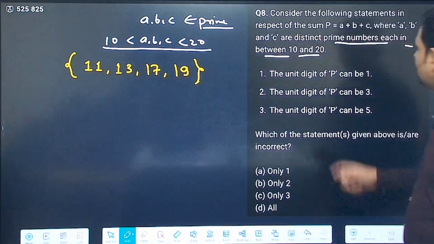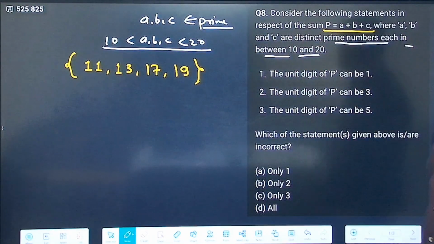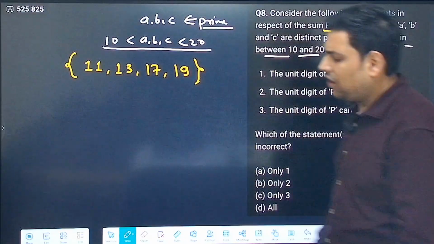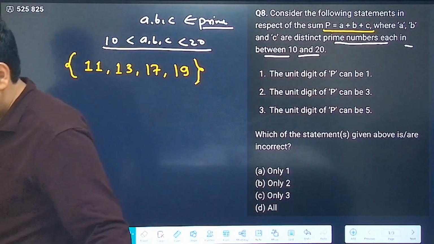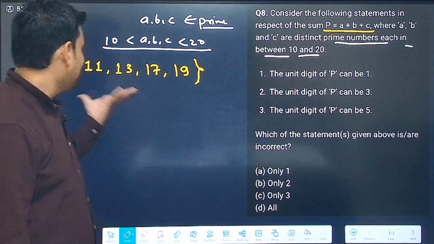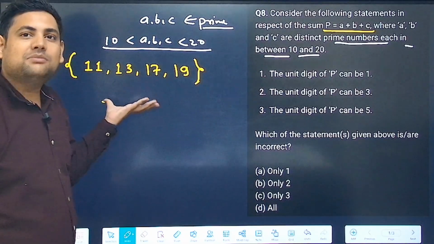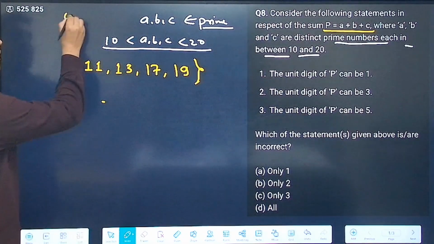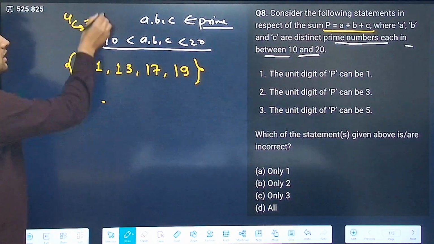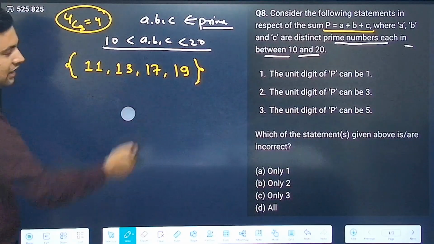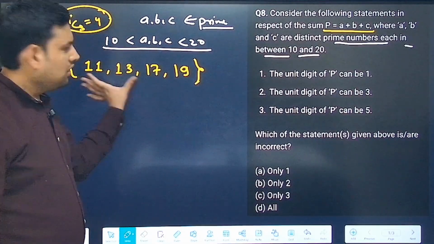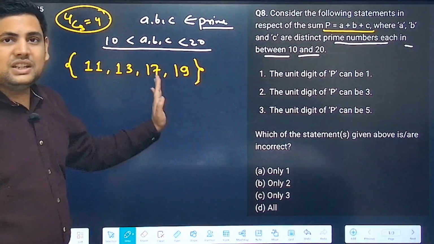Now it is asking you about the sum p, which is a plus b plus c. So how many ways can you choose it? If you know nCr, how many ways can you choose three numbers from four numbers? 4C3, that is four ways, correct? If you don't know, then intuitively you start picking any three or start leaving out one number.